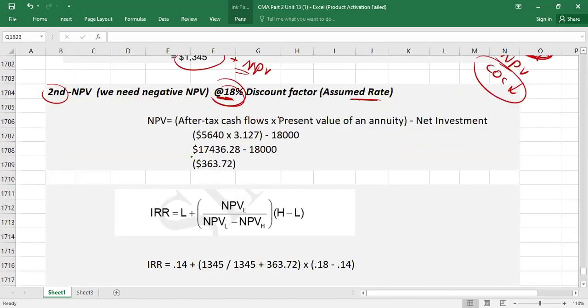So how will you now calculate the NPV? So the formula we are writing, NPV. First, we'll take after tax cash flows, which is 5640, multiplied by present value factor. We have to take the annuity factor at 18%. So for this 18% you will go to the annuity table.